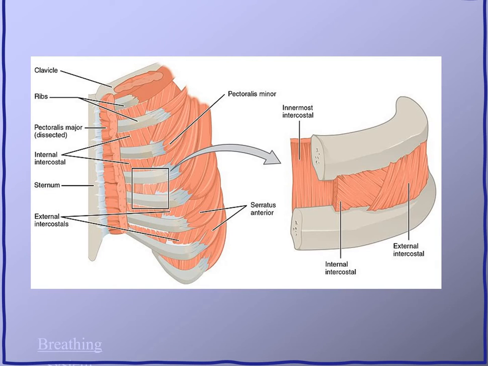You also need to know that there are two types of intercostal muscle. You've got external intercostal muscles, which are the ones on the outside, and then internal intercostal muscles, which are the ones further in.